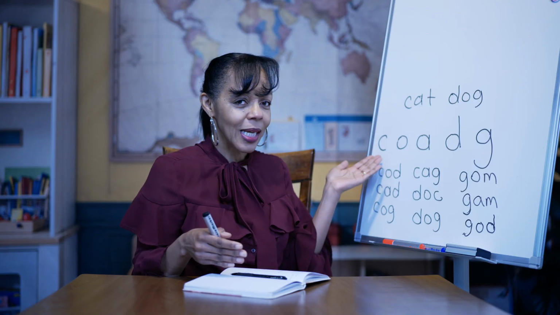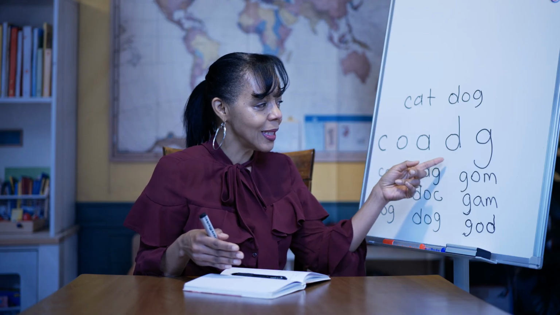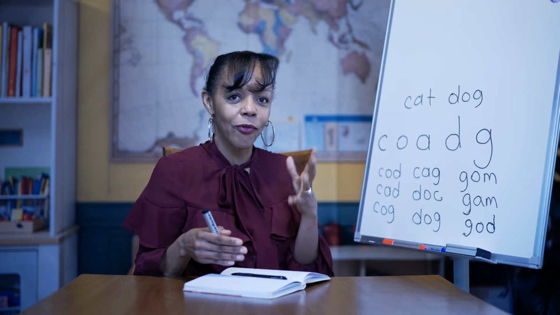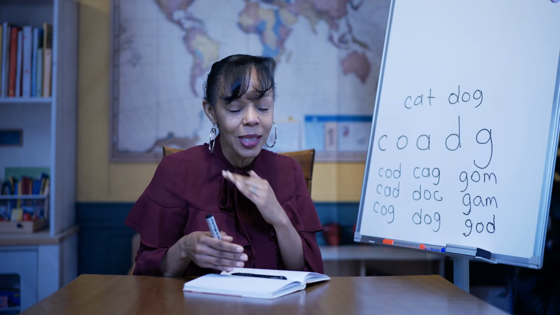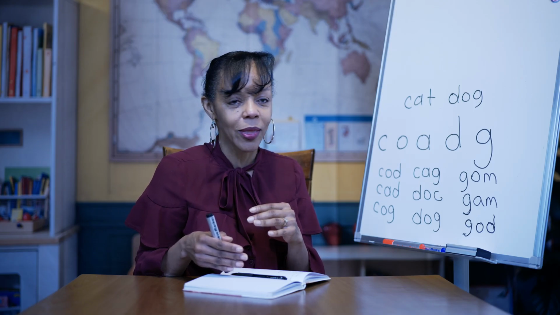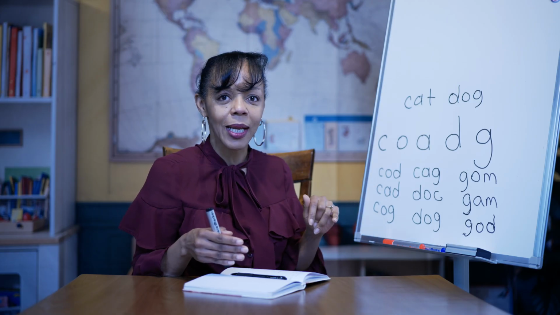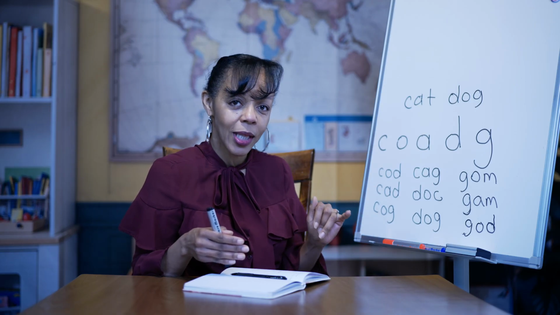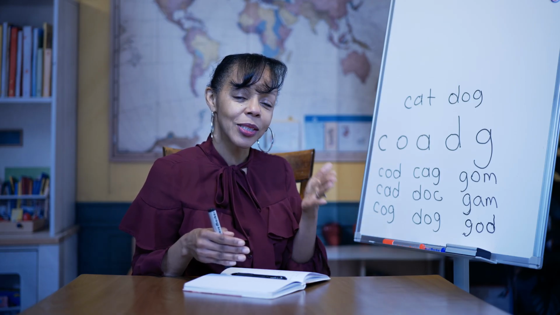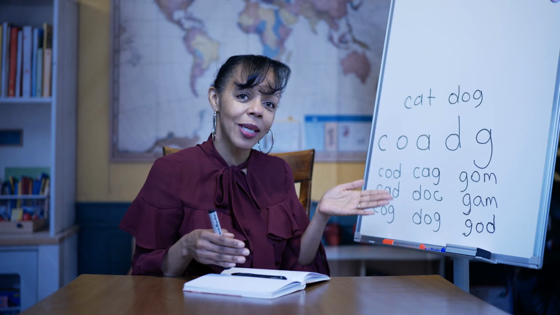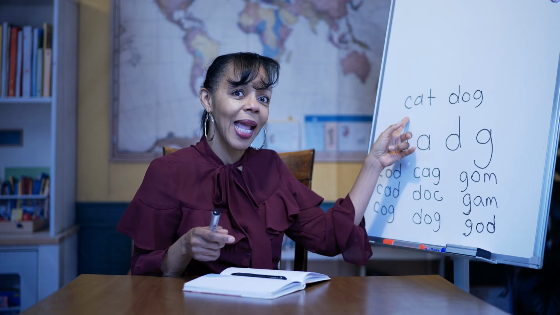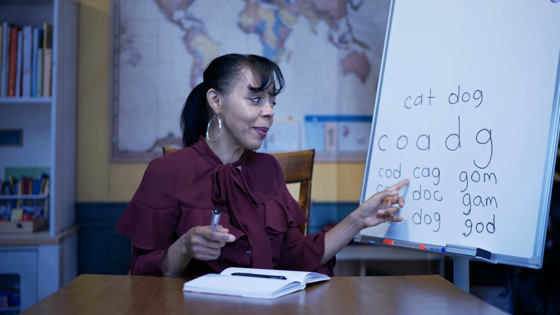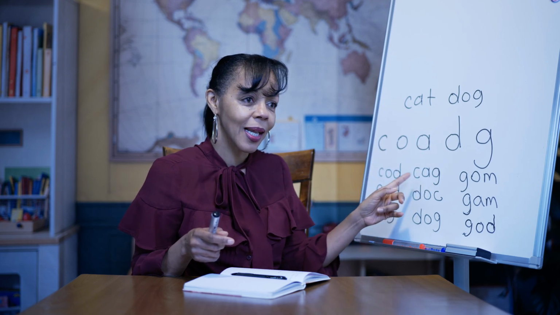So as I stated, C, O, A, D, and G are the letters for one of the programs that I've used that I saw a lot of success with reading with. And look at all the words that can be made from those letters. One of the reasons you can experience success with the students is because if they can blend cat, they should be able to blend cag.